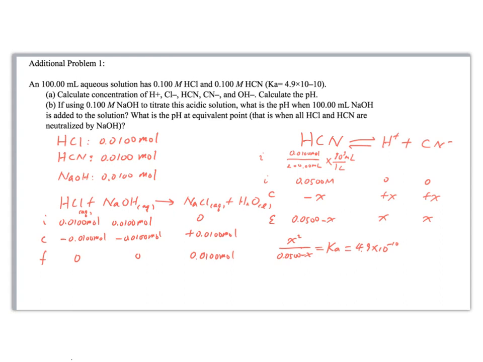Then to judge whether we can approximate x as much smaller than 0.0500, a rule of thumb is we can compare Ka, 4.9 times 10 to the negative 10, with 0.0500. Just compare the equilibrium constant with the initial concentration. We see that 10 to the negative 10 is much smaller than 0.0500. So therefore, we can approximate x as much smaller than 0.0500, and 0.0500 minus x is about 0.0500.